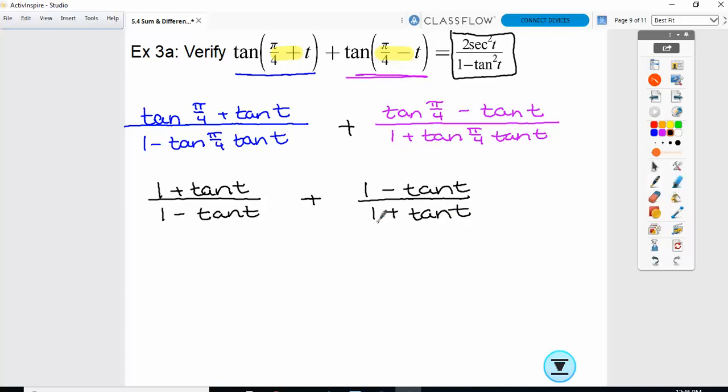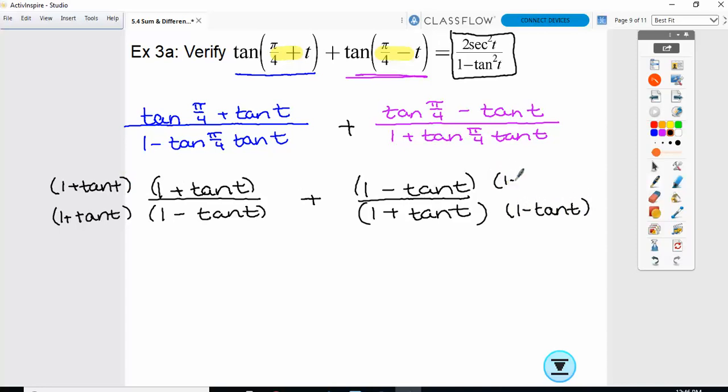Okay, we've had lots of questions like this. What do you do at this point? We have to get that common denominator. So the first denominator has 1 minus, so it needs the 1 plus. Whatever you do on the bottom, you have to do on top. This one has 1 plus on the bottom, so it needs 1 minus on top.